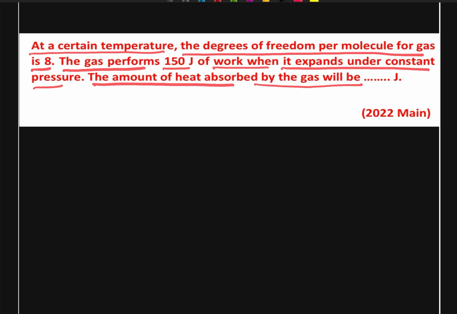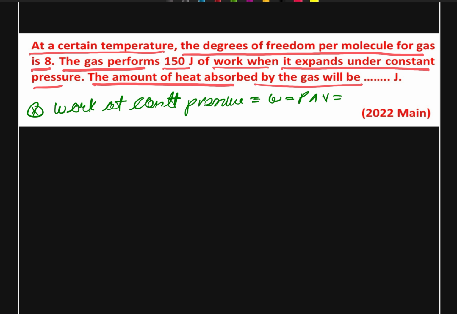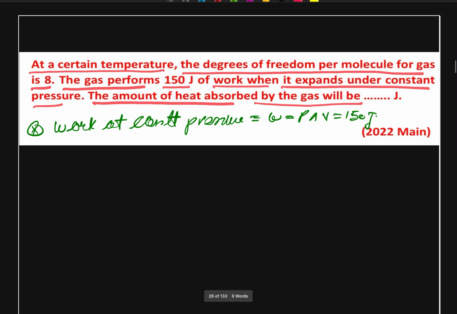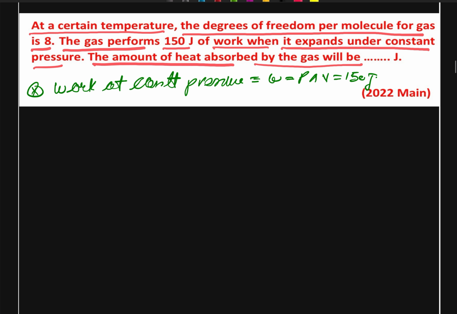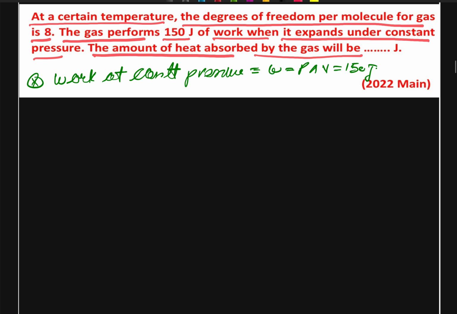So we can use work done at constant pressure: W is equal to P times delta V, and that work done is given as 150 joules. In this case, the number of moles is not given, but for the sake of convenience, let us say the value of n is equal to 1.